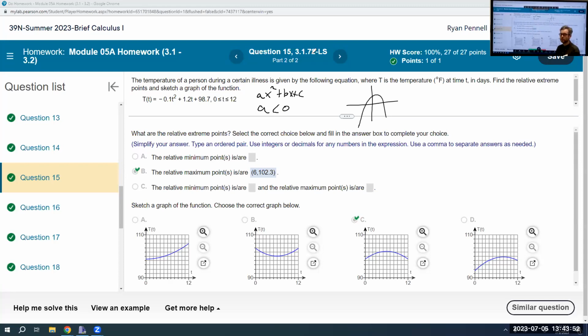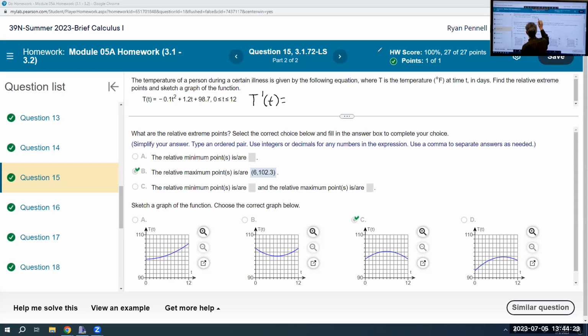So I know it's going to be a maximum just because of that coefficient. You may not have looked at that in a while, but I've taught it many times, so that's at the forefront of my mind. Just by that coefficient of negative 1/10, I can see this is going to be a maximum. All right, so let's find that maximum. I think we should find T prime.